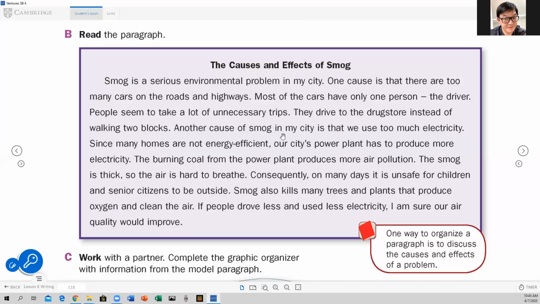Another cause of smog in my city is that we use too much electricity. Since many homes are not energy efficient, our city's power plant has to produce more electricity.